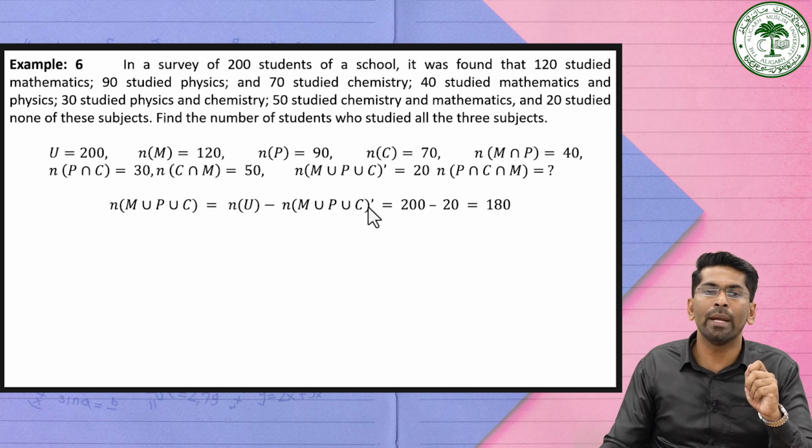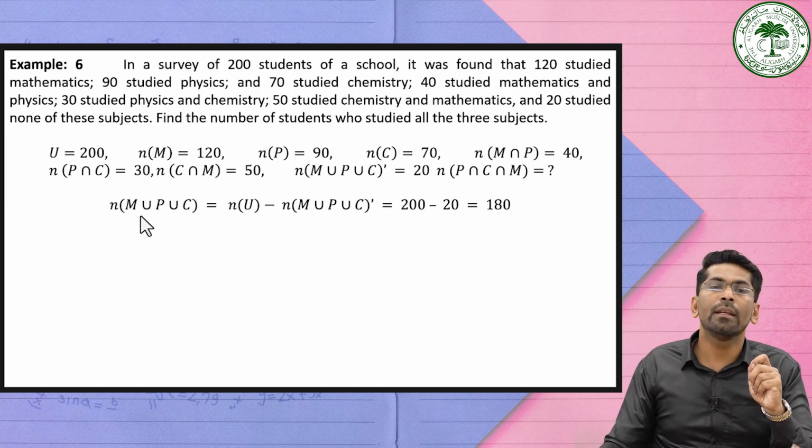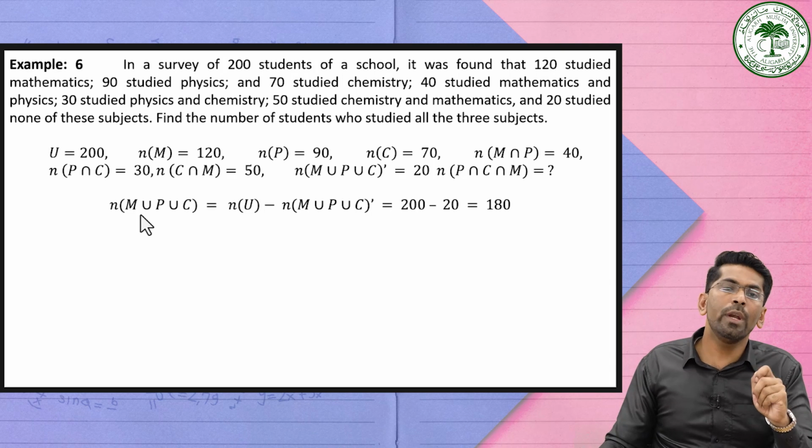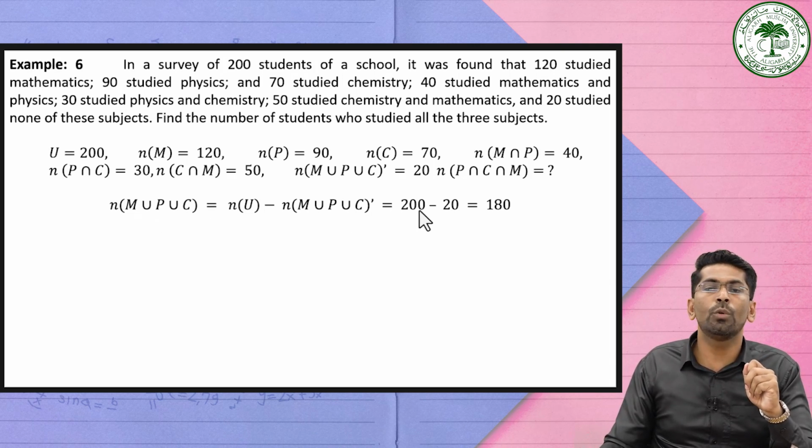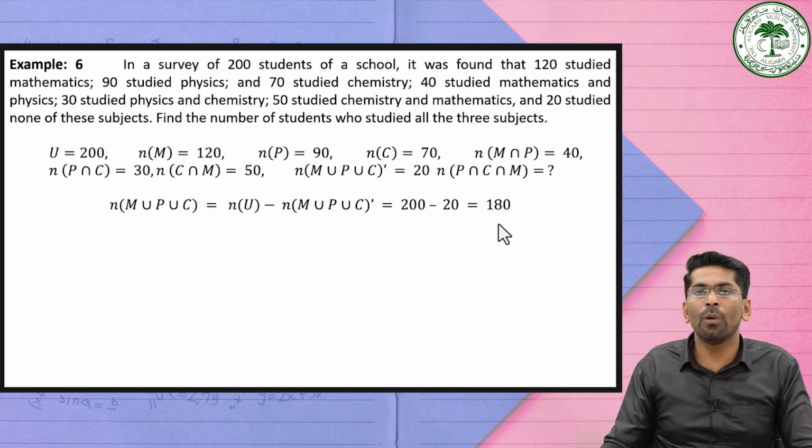If you subtract the M union P union C complement from the universal set, you get the union of mathematics, physics and chemistry. So it is 200 minus 20, which is equal to 180. Once the union is ready, we can go on to find the intersection of these three sets.